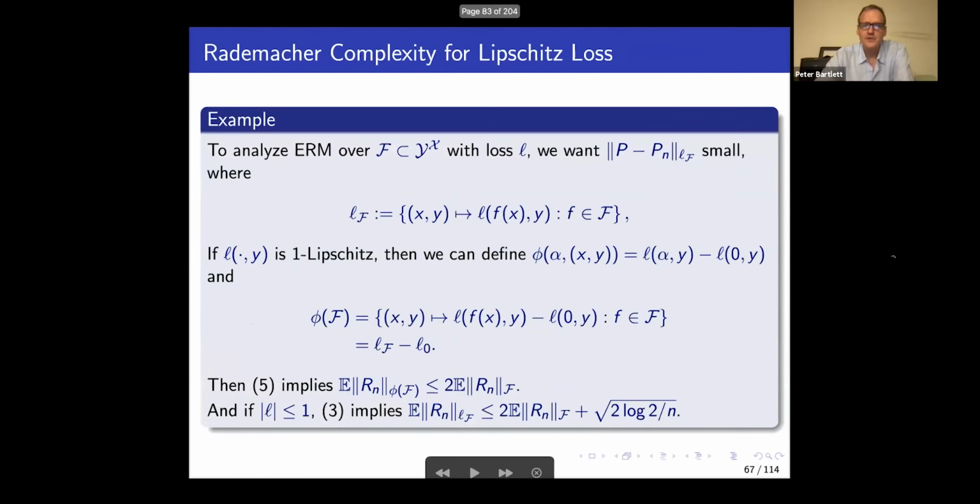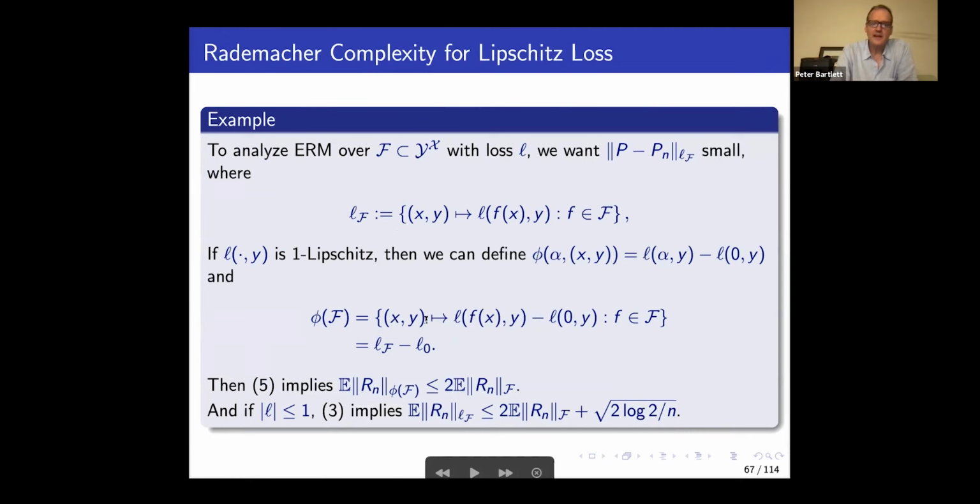Okay, so let's look at a specific example, and this is bounding the Rademacher complexity of the loss class. So this is the composition. I've written it in a slightly different way here. I apologize for the change of notation.